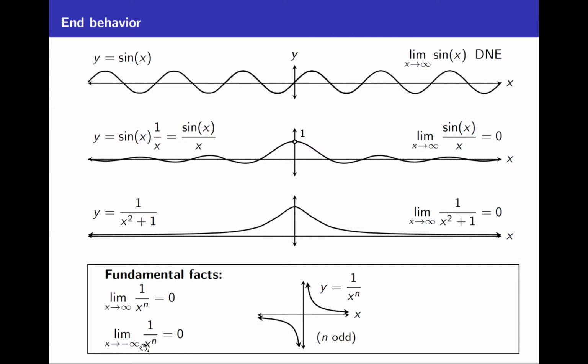So we have the limit as x approaches minus infinity of 1 over x to the n equals 0. Whereas if n is even, the graphs tend to look like this. As x goes to either positive infinity or negative infinity, 1 over x to the power of n approaches 0, as you can see from the graph.